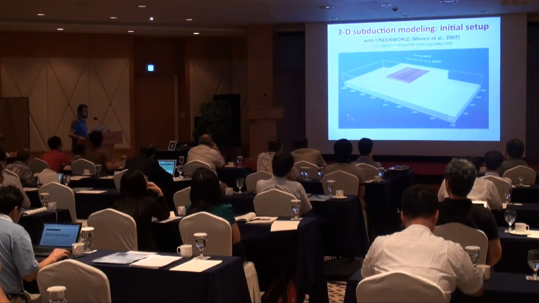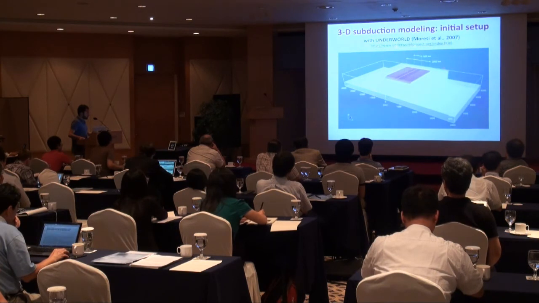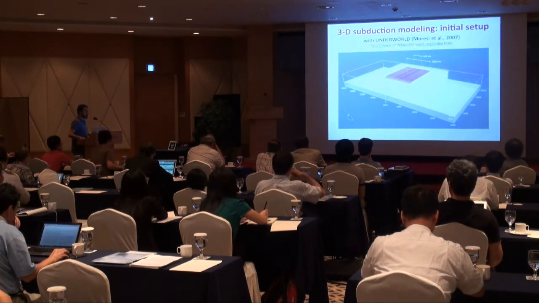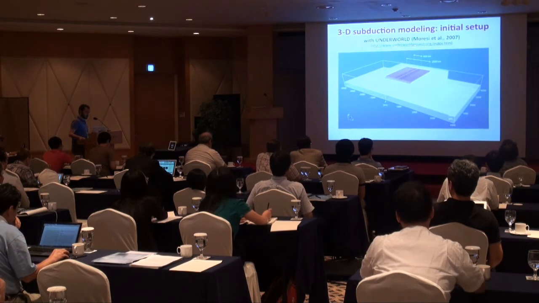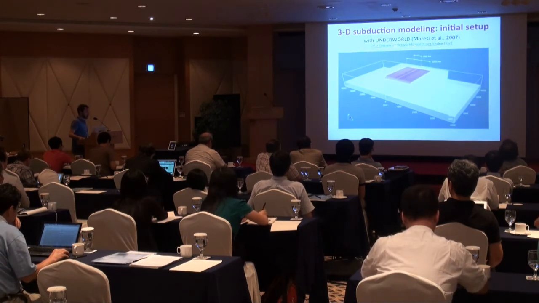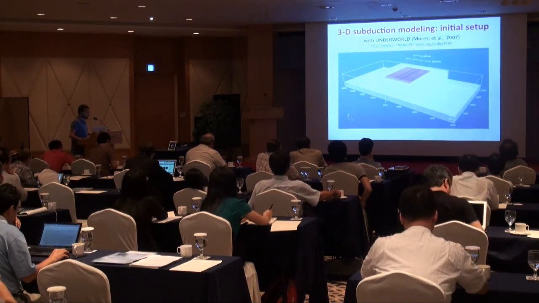We don't impose any kinematic boundary condition. And all these dots that you see here, from the surface down to 660 kilometers, each of these particles represents an aggregate of 1,000 crystals. 70% are olivine and 30% are orthopyroxene. And here at the 660 you have the lower mantle that has a higher viscosity. And the rheology of the upper mantle is non-Newtonian.